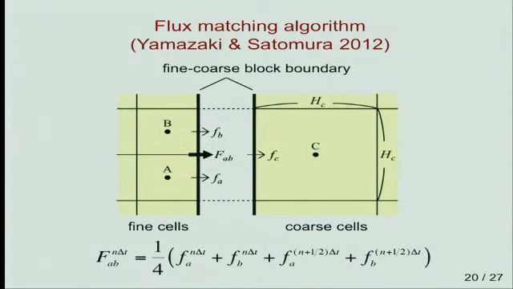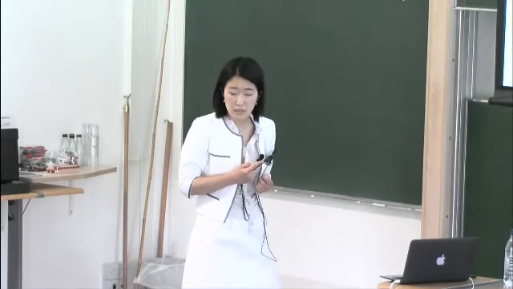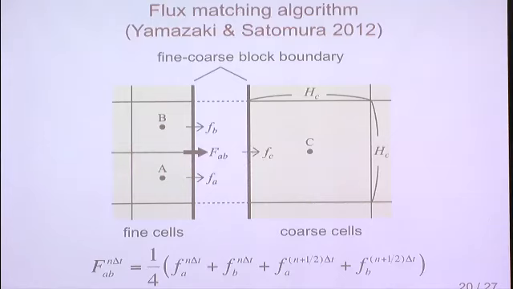Now, in applying block-structured mesh refinement to atmospheric models, flux matching between different sizes of blocks is imperative to keep mass conservation. In this study, I proposed a simple flux matching algorithm which is suitable for the block-structured Cartesian mesh refinement. And here we use a subcycling time step.